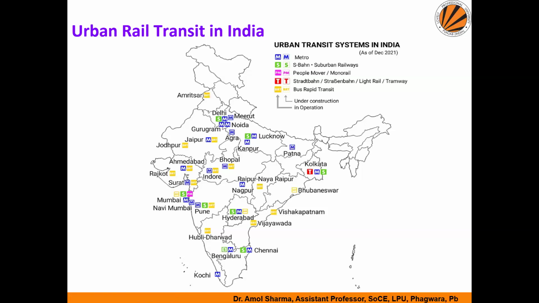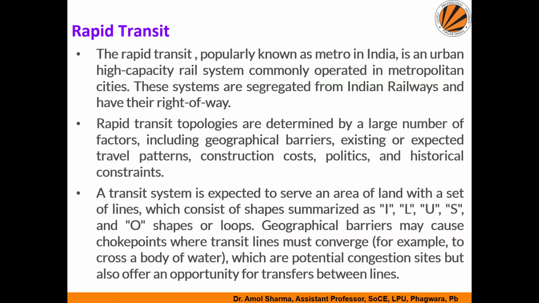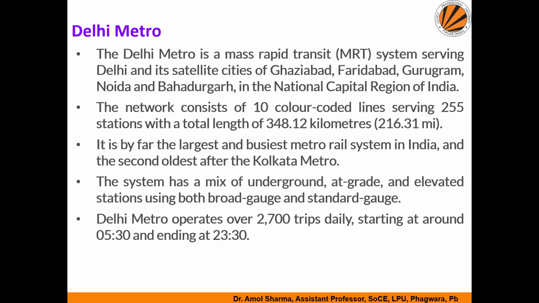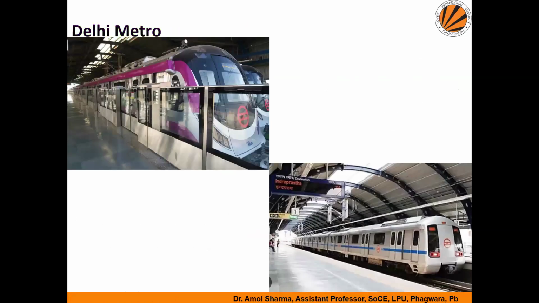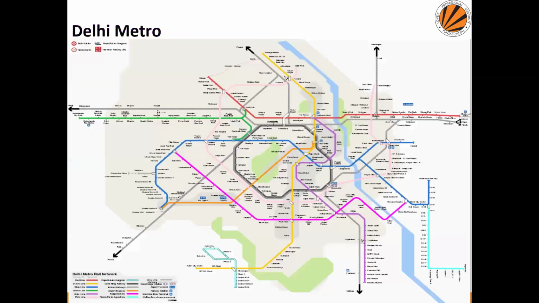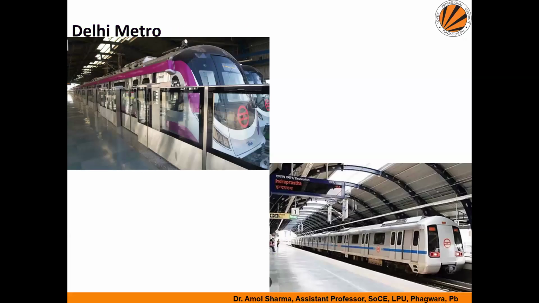Similar to Delhi, these cities also saw urbanization and the introduction of mass rapid transit in terms of metros. So let us take an example and see the general characteristics of Delhi Metro. Delhi Metro operates in 10 color coded lines, as we can see in this diagram. Each coded line runs from a specific origin to a destination, covering various stations at quite a high frequency and quite a high speed.